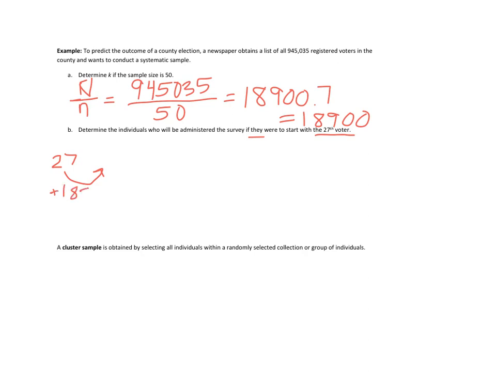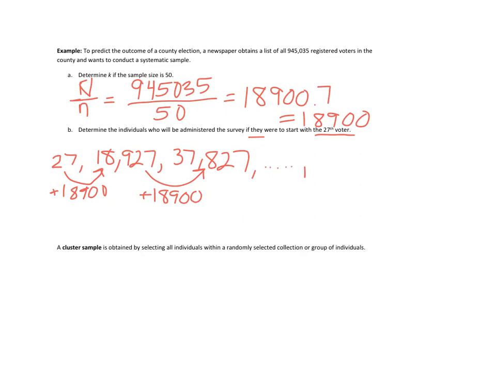So we're going to add this. And then the next voter, the 18,927th voter, gets a survey. All right, and then we add a K. And now the third member of our sample is going to be the 37,827th voter.